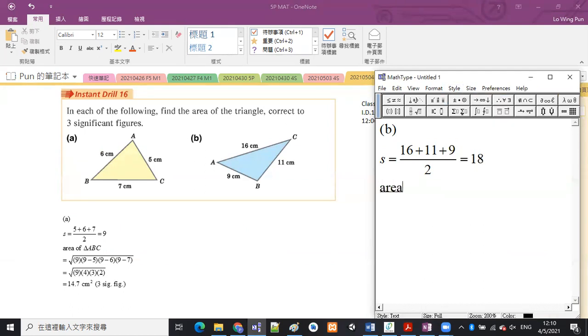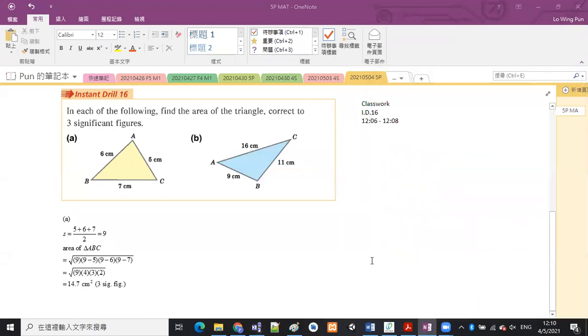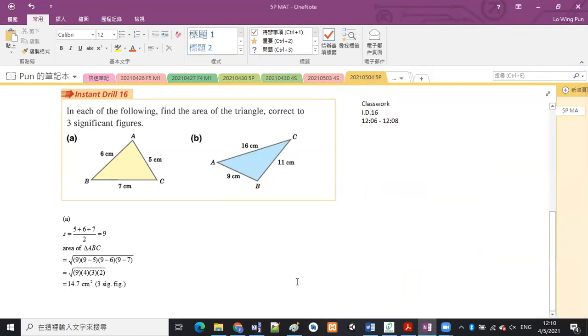Then the area of triangle ABC is calculated by the square root of 18 times 18 minus 16 times 18 minus 11 times 18 minus 9. Okay, and that will be square root of 18, 2, 7, 9, which should be 47.6 cm square. And this is 3 significant figures. Are you correct? Okay, good.